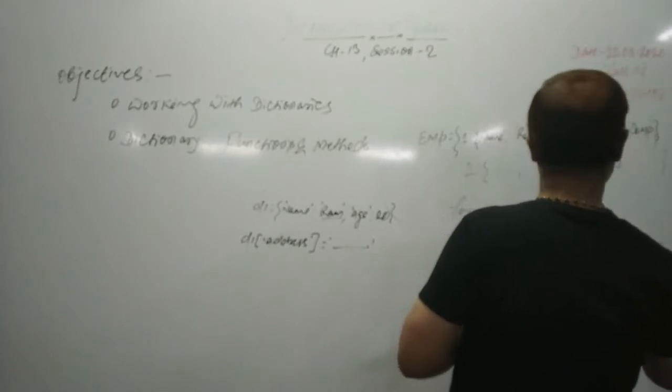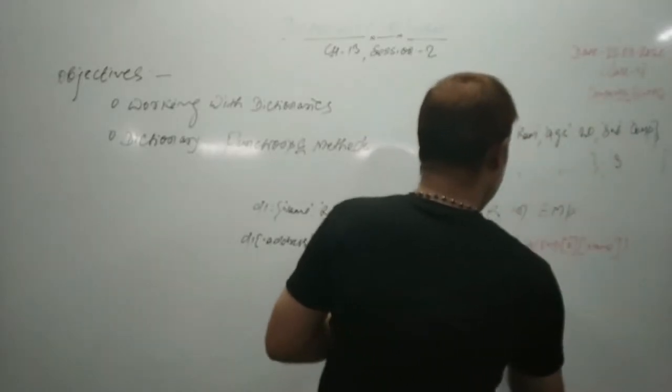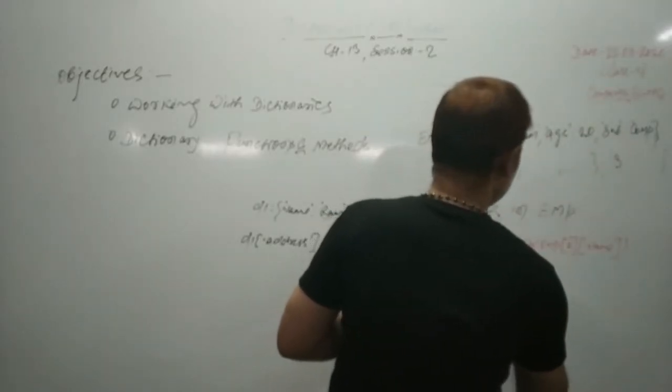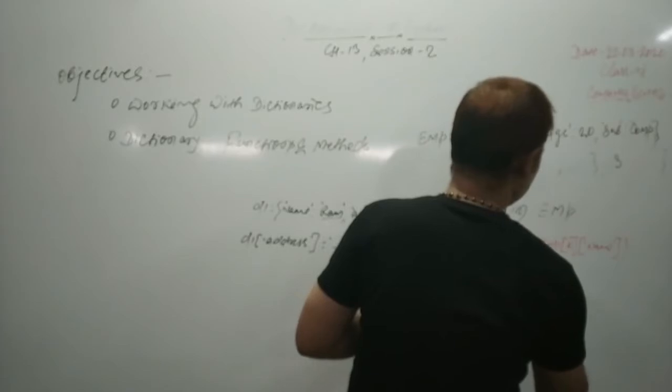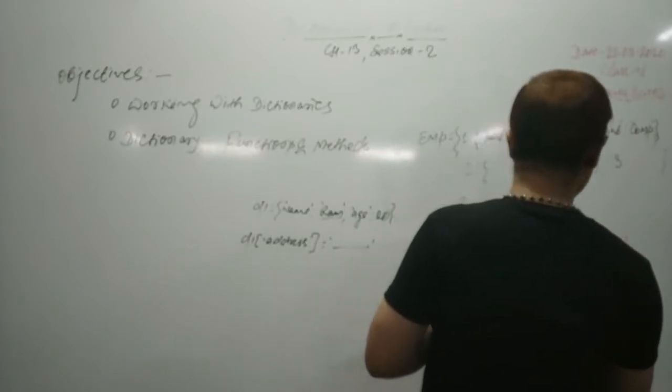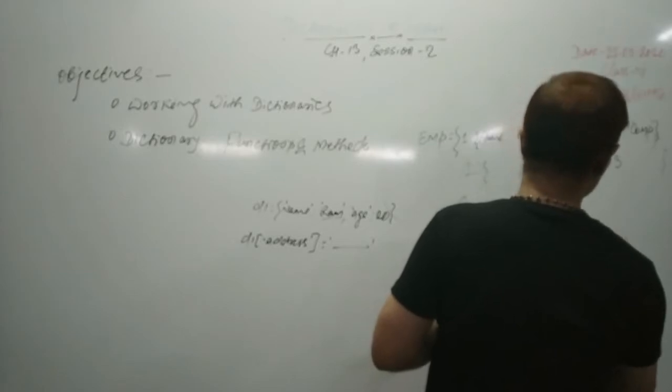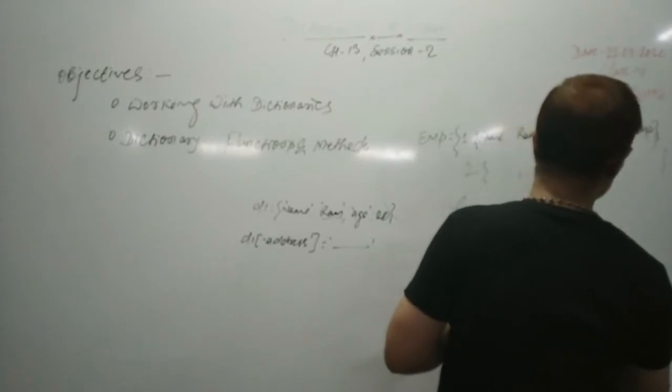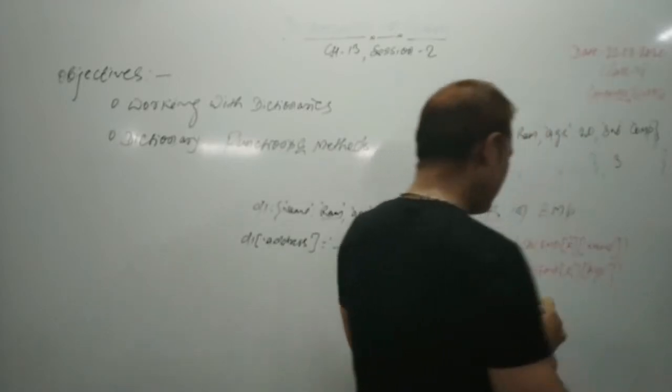Try to understand what I'm trying to do. Again you can say print and then str, and inside the bracket emp and then k and then the second, that is the age. I hope you are getting it now.